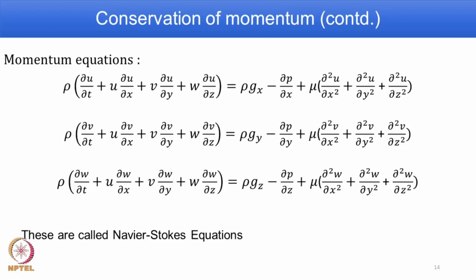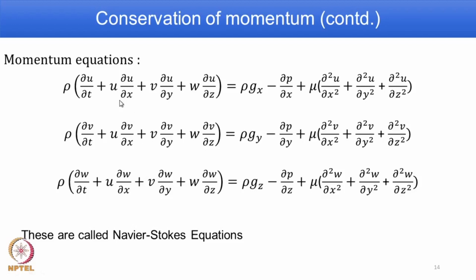Navier and Stokes are two scientists who independently developed these equations, and as a credit to them these equations are named the Navier-Stokes equations. And you can again understand in this equation, if you take on the left hand side all the time derivatives, which are given as dou u by dou t, dou v by dou t and dou w by dou t, they are all called local acceleration.